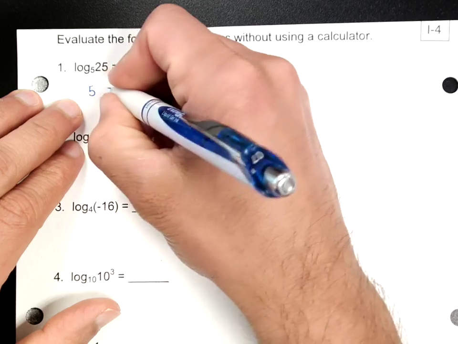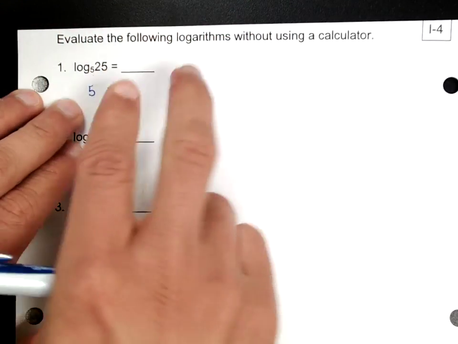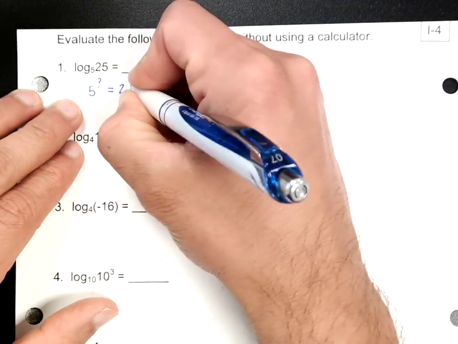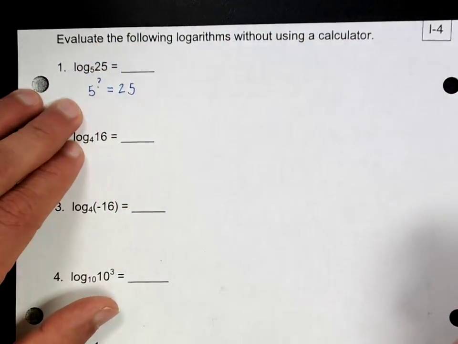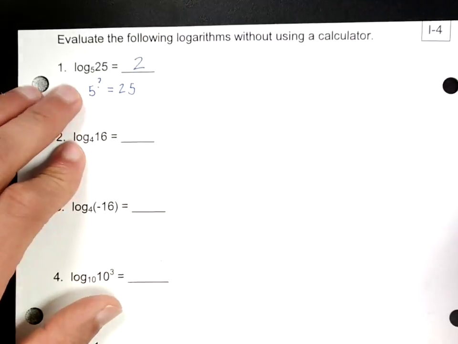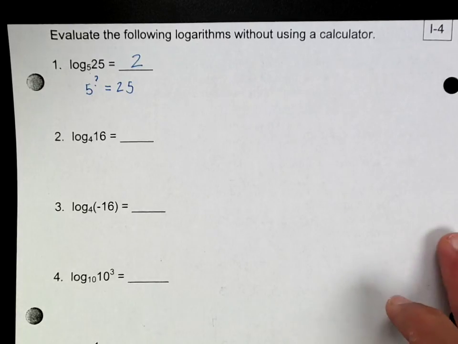You're asking yourself 5, and this is blank, right? So I don't really have anything to switch here. So if I switch that, I have 5 to the what power is 25? 2. That's the power of 2, right? 5 squared is 25, so that's how you write the answer. That's it for that. Yep, the answer is just 2.